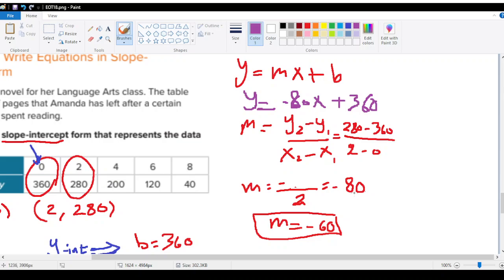I don't know why I keep getting it incorrectly. 280 minus 360, Shamsa. 360 subtract 280 from it. How much? 80. Okay.